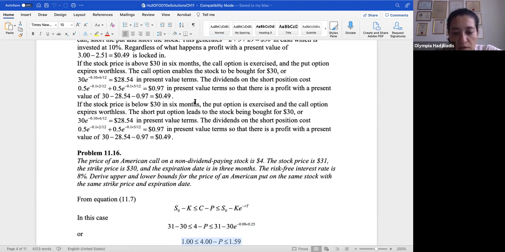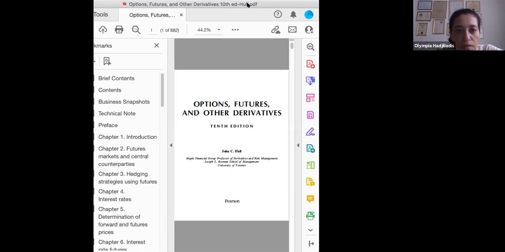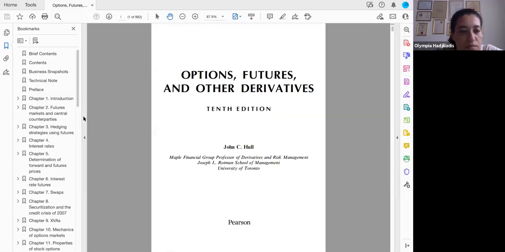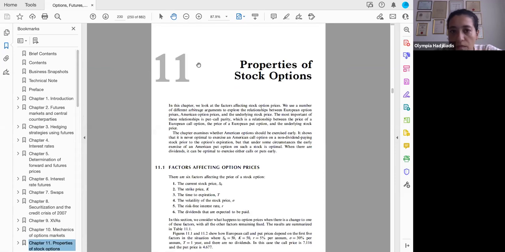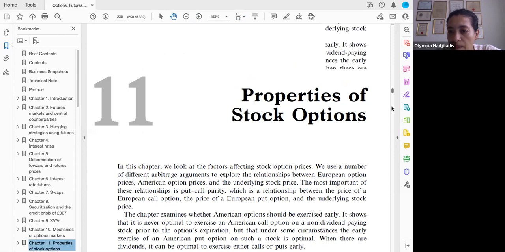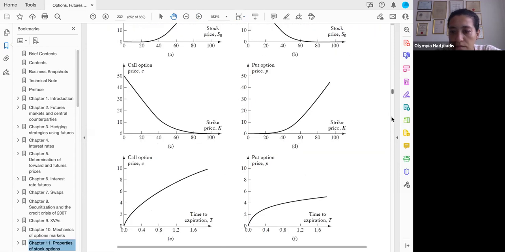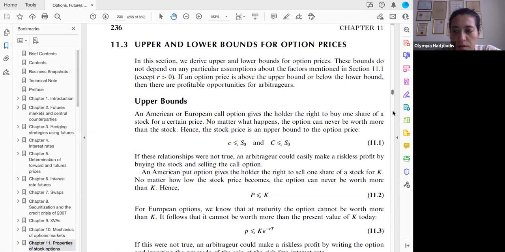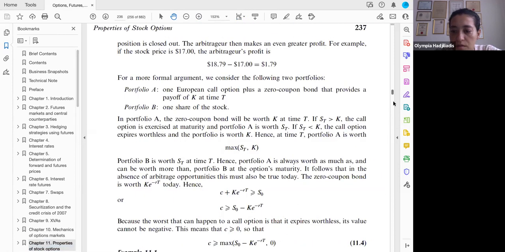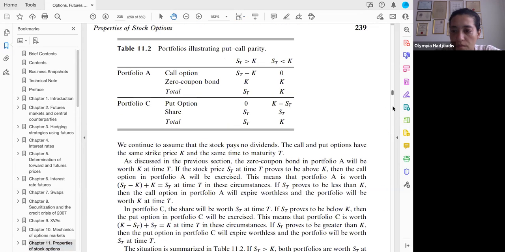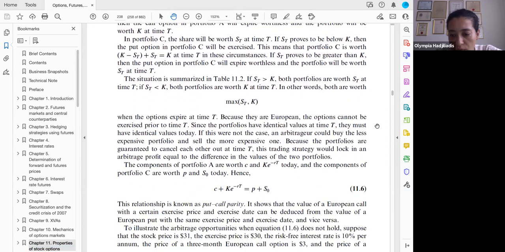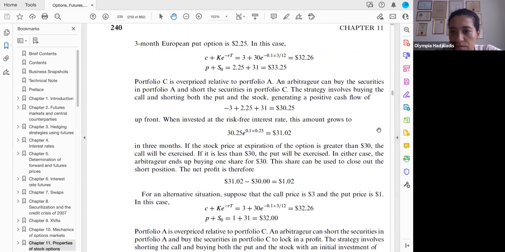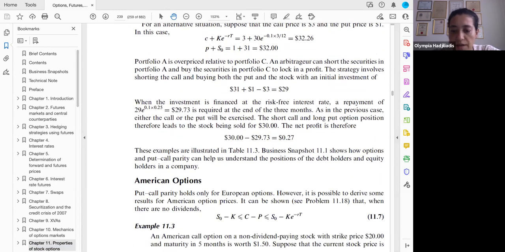We can remember equation 11.7, go to the book. And there is 11.7.